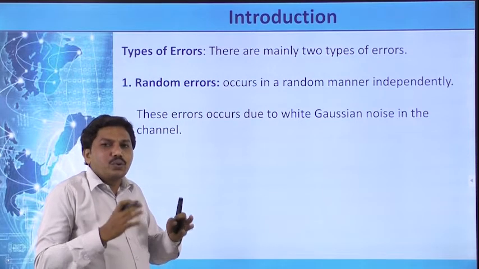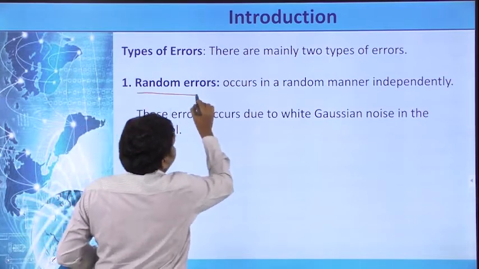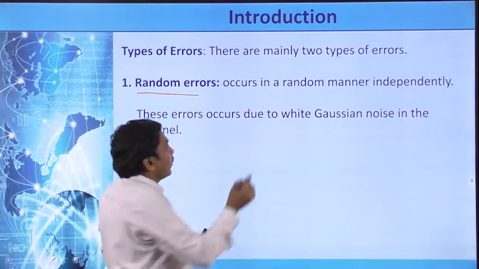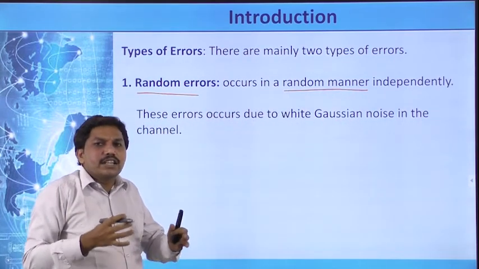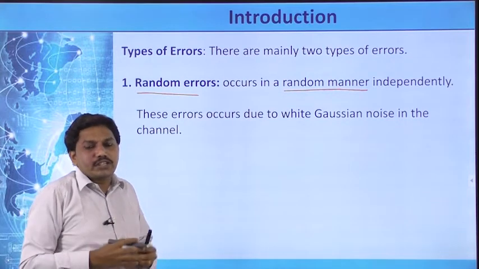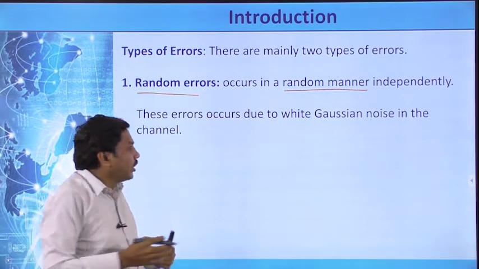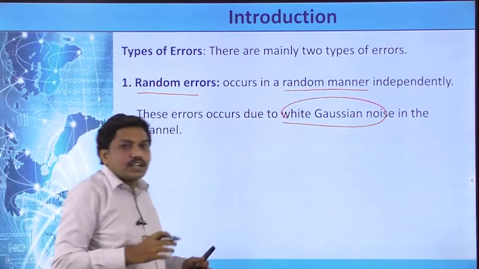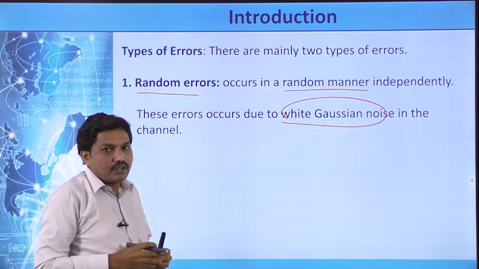What are the different types of errors? Basically there are two categories. The first one is random errors, which occur randomly, in a random fashion. That indicates these errors are independent of each other. Random errors occur due to the white Gaussian noise in the channel, right?